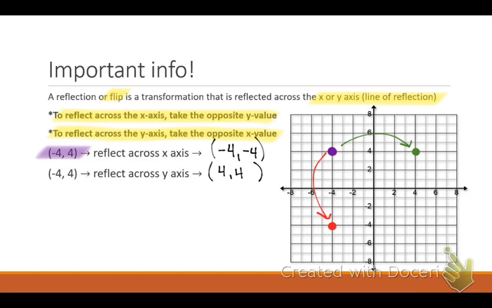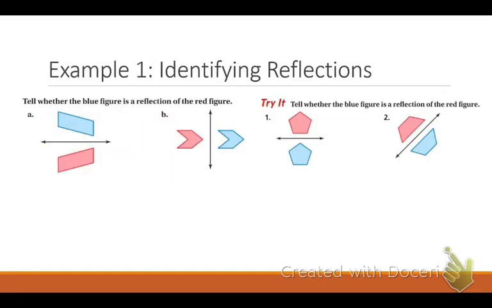Okay, so now we have 2 examples where we're going to look at this. Actually, we have 3, but the first one is just a matter of, you guys remember on the translations where it was, look at the picture and is it a translation? So you have a section on your homework tonight where it's, look at the images, is it a reflection?